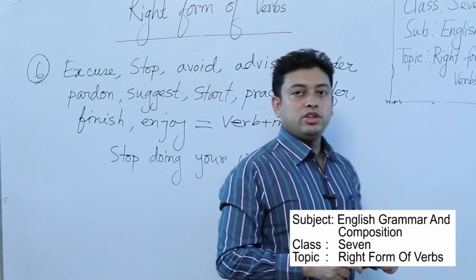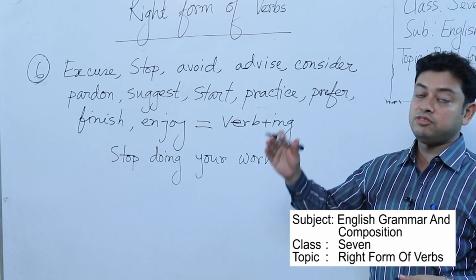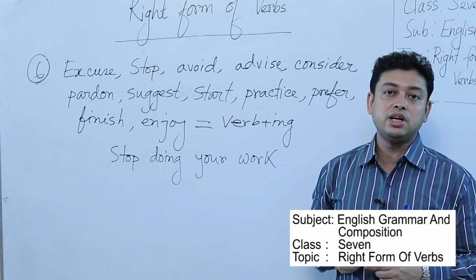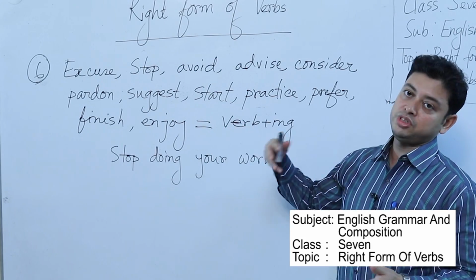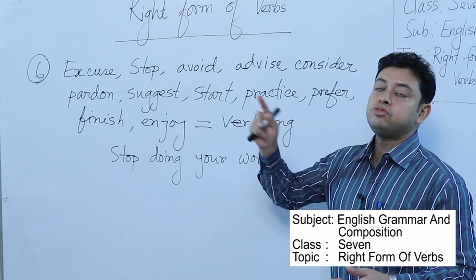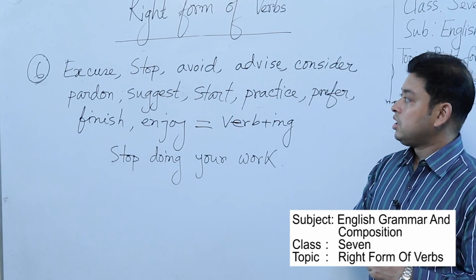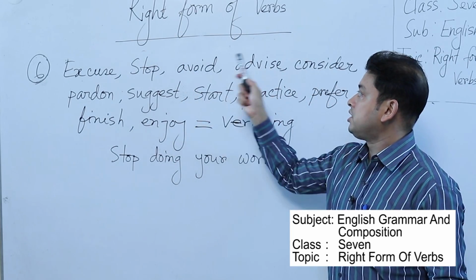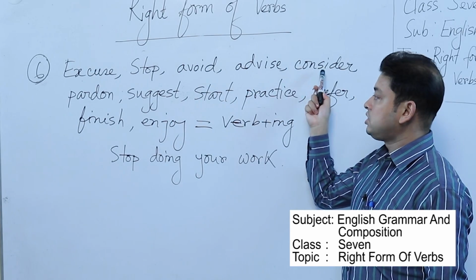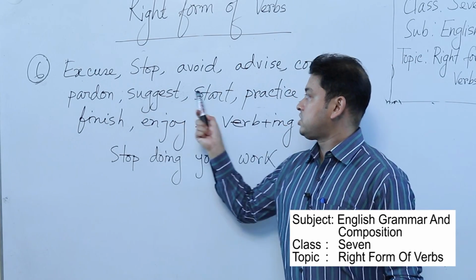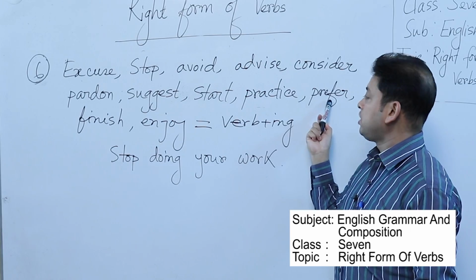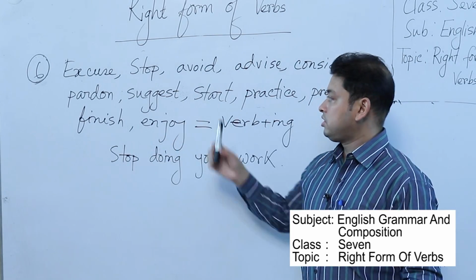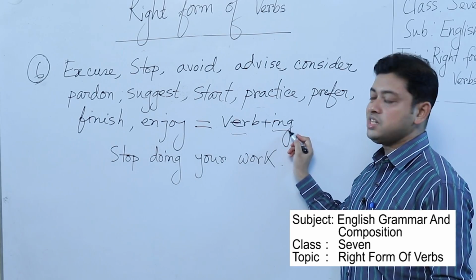So this is also another very important thing. In the previous rule we have seen if there are some verbs, after this verb there will be 2 plus verb, that means the infinitive form, but here the form changes. Remember, these verbs should be memorized. According to this rule, if there is excuse, stop, avoid, advise, consider, pardon, suggest, start, practice, prefer, finish, enjoy, after this verb there will be verb plus ing.